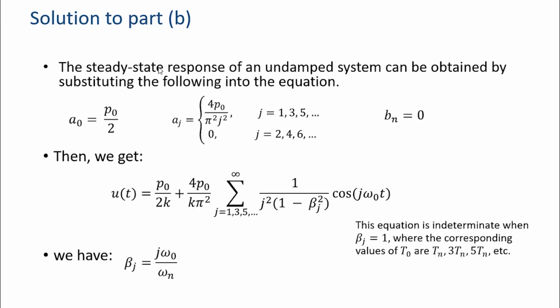So now we can find the response, the steady state response of an undamped system due to this periodic force pt. We know the coefficients and we can write the expression of ut by substituting these coefficients in the expression we have derived earlier.